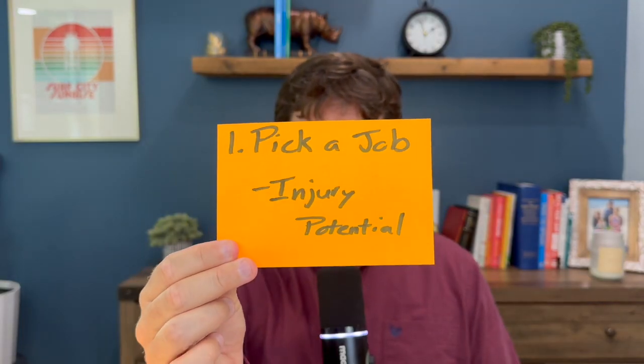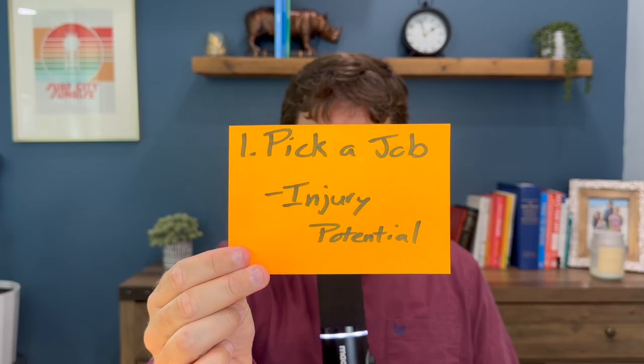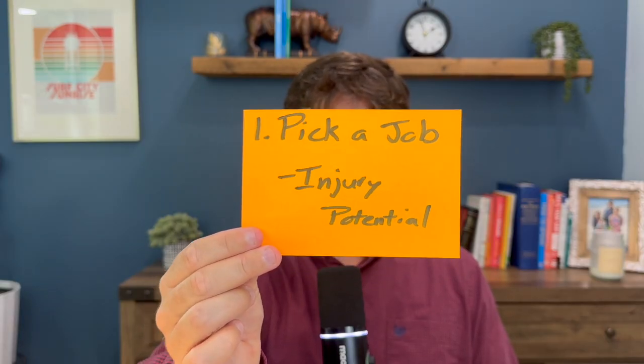So the very first step you're going to do is you're going to pick a job to do this on. Now, typically there's a form. Like most things nowadays, everything's available online, but you need to pick a job that you're going to do this hazard analysis on. And so you want to identify where are people most likely to get hurt, or where is someone going to get severely hurt, right?